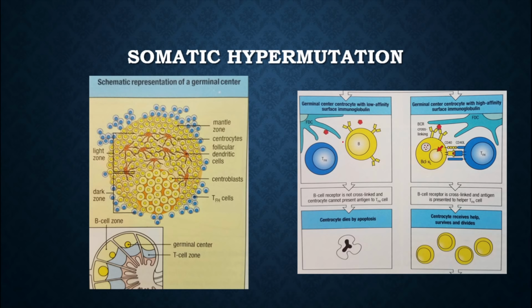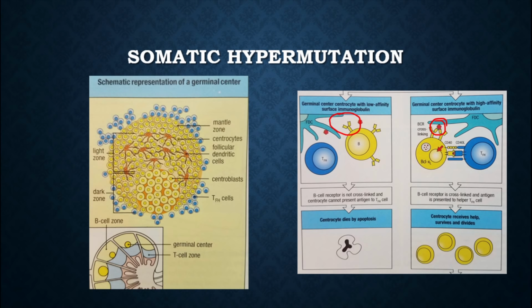If the receptor still binds to an antigen, that B cell is kept alive and then can go either to a memory cell or a plasma cell. However, that random mutation can just as likely result in an antibody that doesn't work, right? So if it doesn't work, that B cell doesn't connect with the follicular dendritic cell and will go through apoptosis.